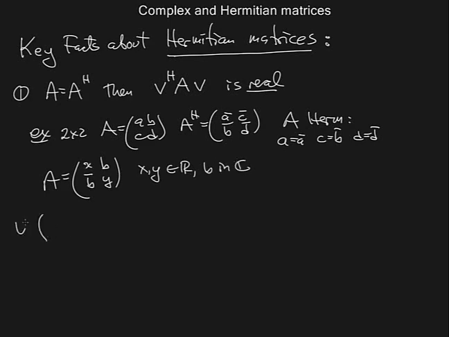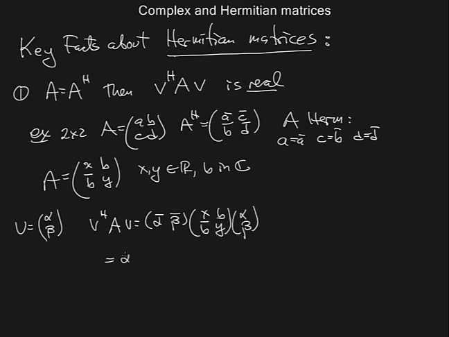So let's check this identity. If you have any complex vector alpha beta, and you write this down, you get alpha bar beta bar times this matrix times alpha beta, and you write that out, and you get alpha bar x plus beta bar b bar, and so on, and this times alpha beta.